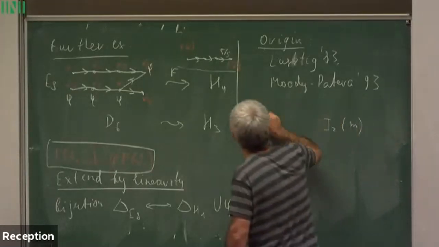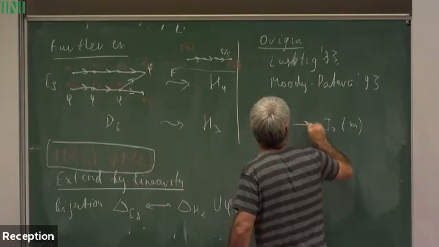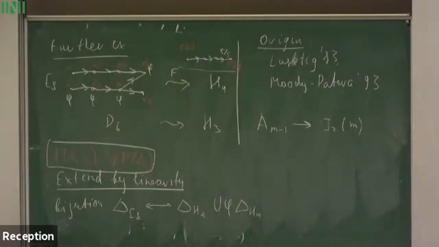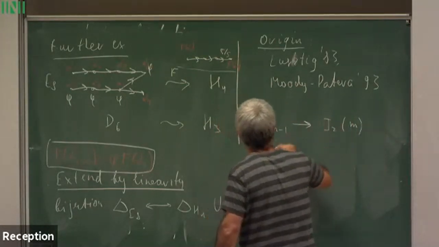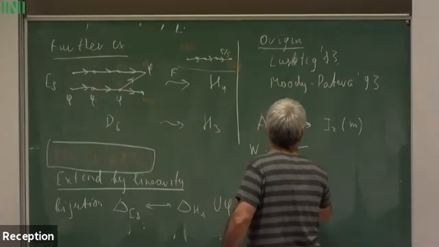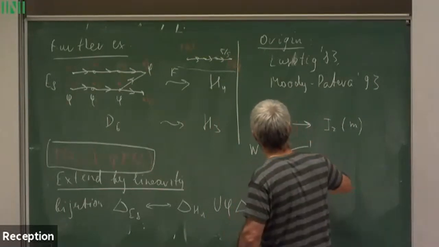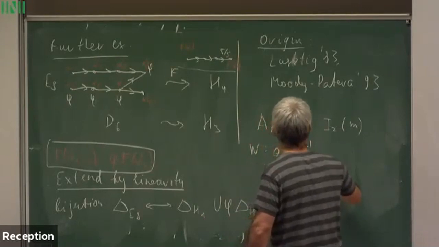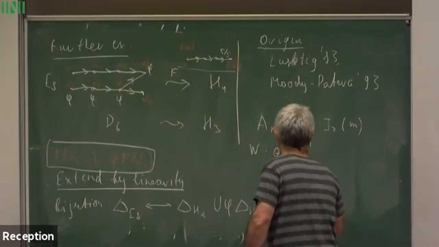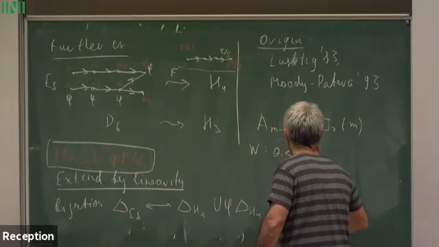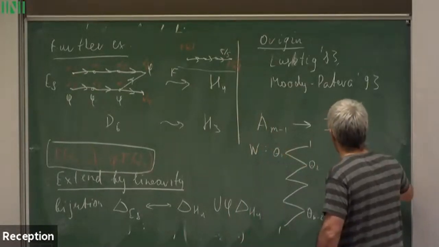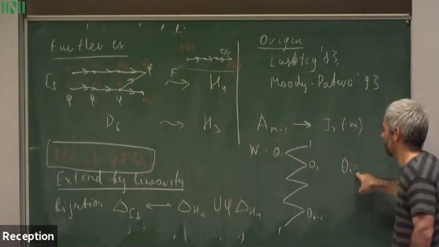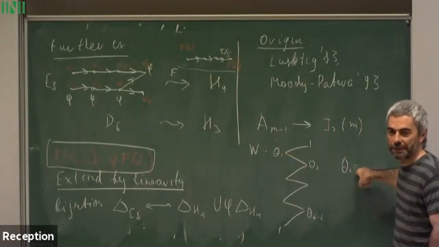Here the weights are theta 1, theta 2, and so on, up to theta n minus 2, where not surprisingly theta i is a Chebyshev polynomial of some kind.